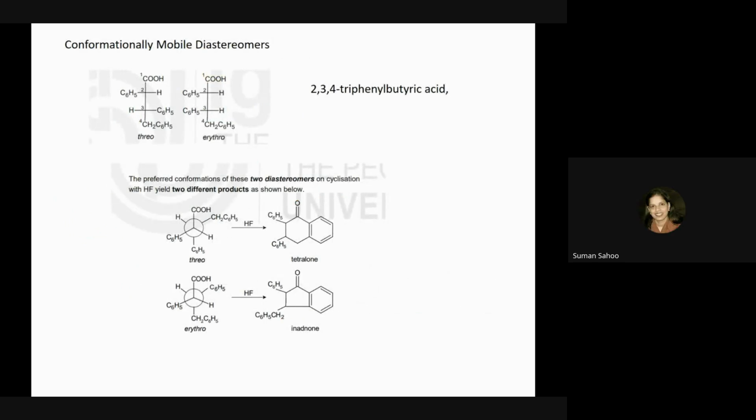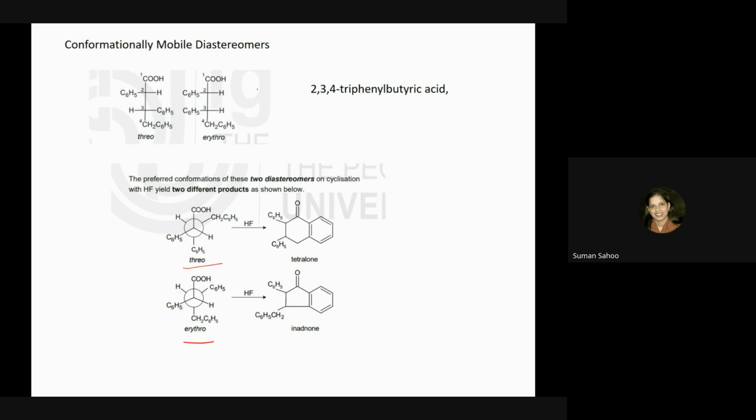Then you have conformationally mobile diastereomers. In that case, these two are diastereomers, and they are mobile, but they will react differently to give you different products. For example, the threo isomer and the erythro isomer. Threo is going to give you tetralone, which is a six-membered ring.